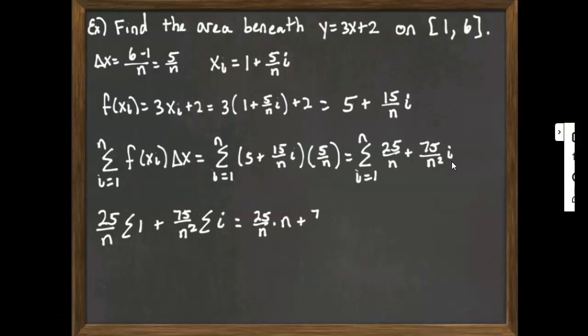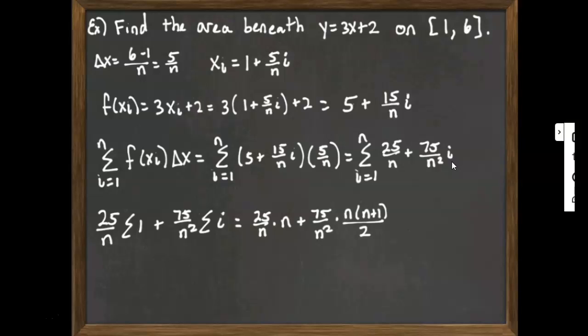And then 75 over n squared times the formula for the sum of the i's, which is n times n plus 1, all over 2. And at this point, we go through and simplify, and when we do, we'll have an answer in terms of n that tells me the value of my estimate for any number of subdivisions.